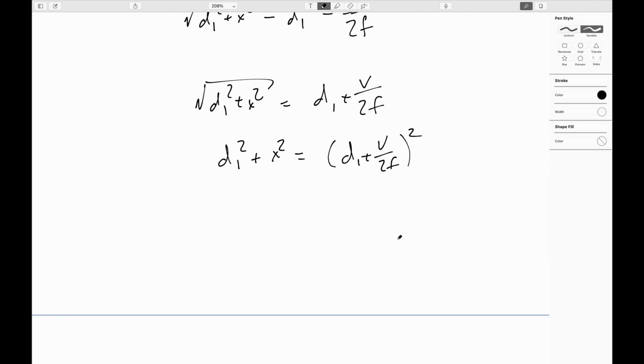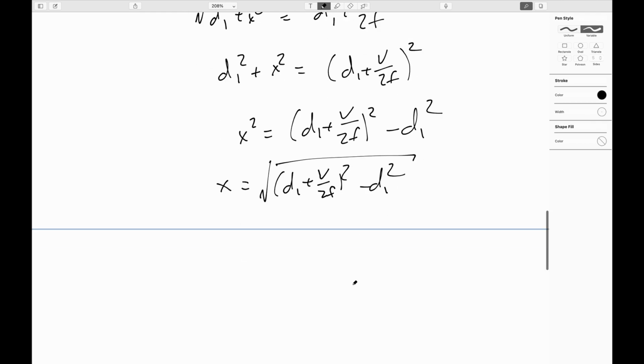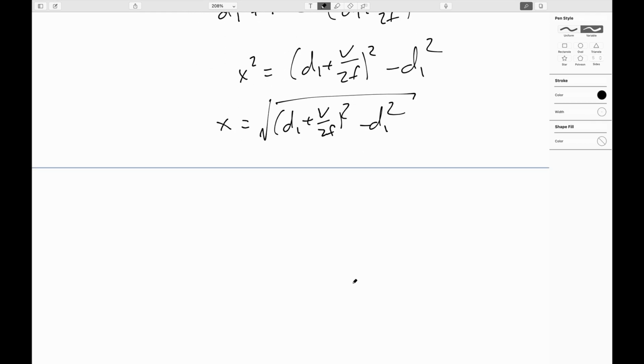And let's see, we can subtract d1 squared from both sides, and then finally take the square root. And if you want to do more algebra to make it prettier, knock yourself right out. But this will be good enough to get us the answer.